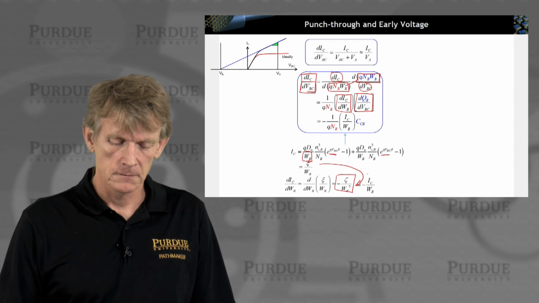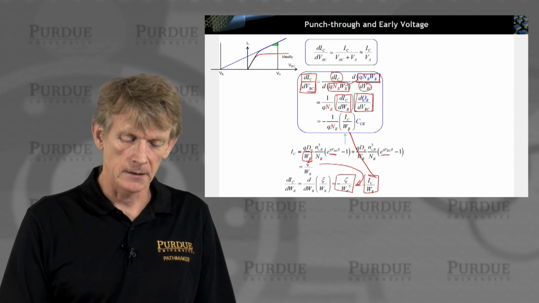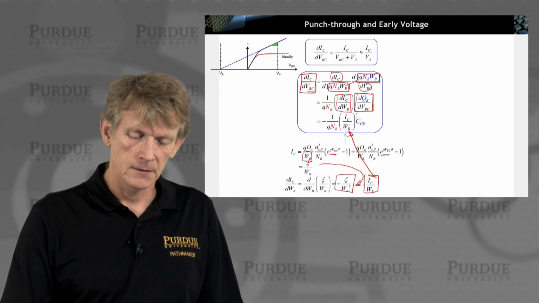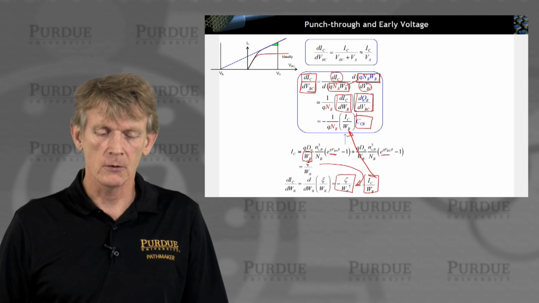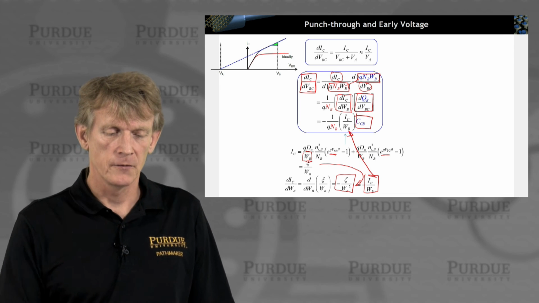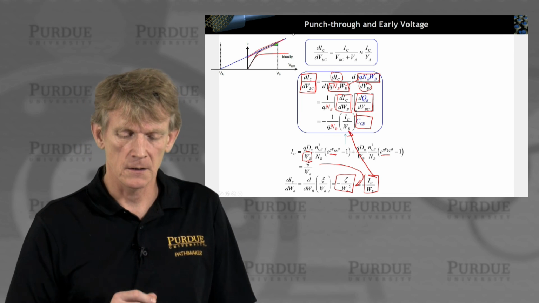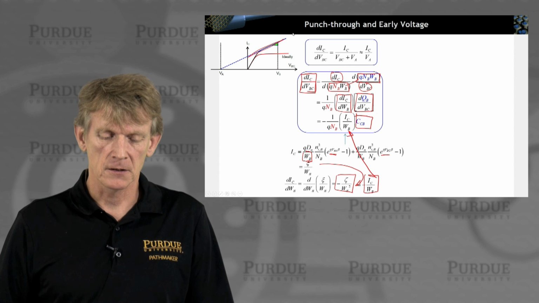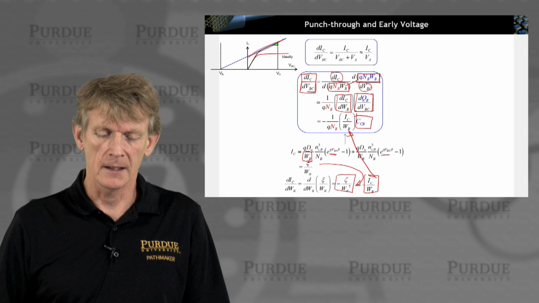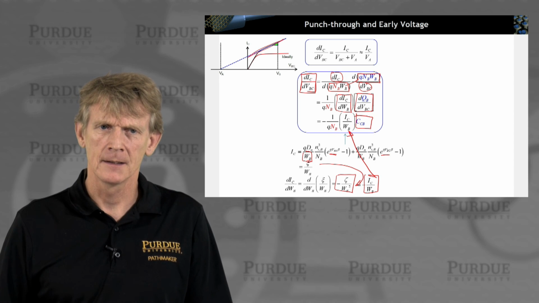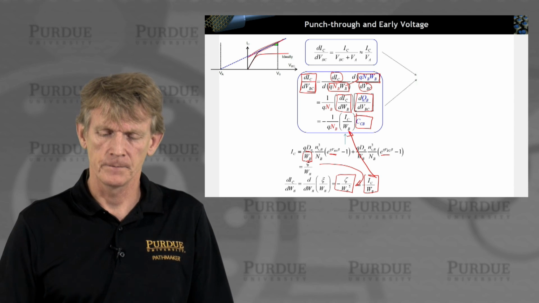So now I can substitute this back in here. And I just said that this is a capacitance, right? So now I have an expression for this slope as a function of the electrical base width and the capacitance on the collector side.